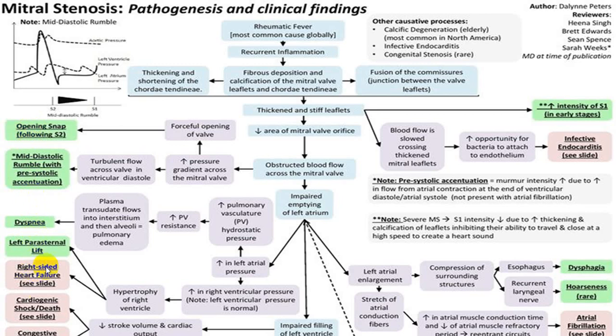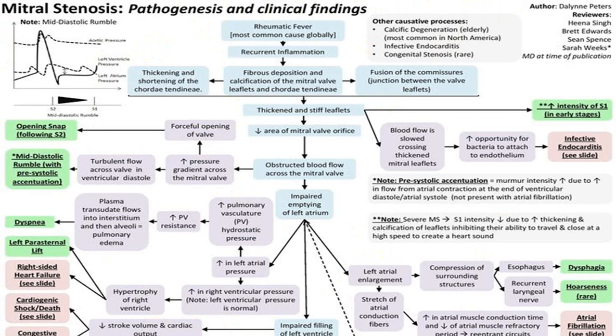This is right side failure, cardiogenic shock, and heart failure. What can happen? I'll show you this one slide just before. It is a very nice slide which shows you everything in one slide only. So at your leisure time you can go through it very easily. It is showing you the entire pathophysiology plus the clinical findings of what is going to happen.